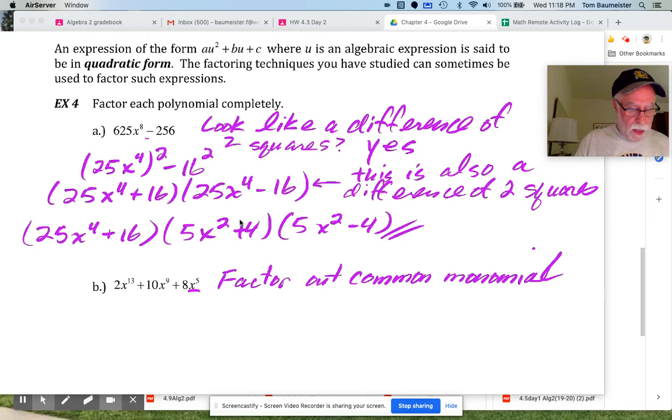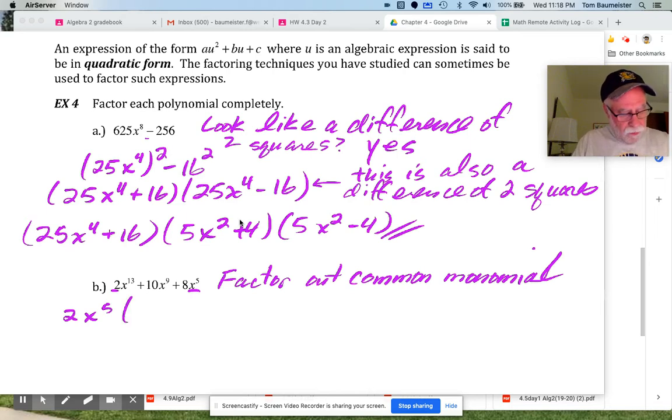So when I factor that out, and also look, looks like I can factor out a 2, because 2 times 5 is 10 and 2 times 4 is 8. So I can factor out 2x to the 5th.